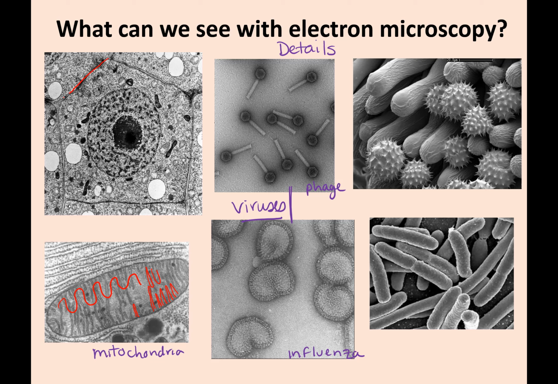This here is a cell, so let me outline it. That is the membrane of the cell. This big guy is the nucleus. This area in here is the nucleolus.